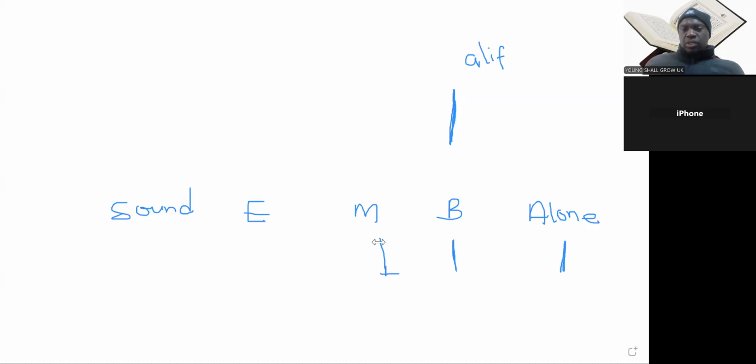To join the Alif. So we are going to see it still like one, but this small thing here means the joining letter. That means one letter is coming to join Alif. So we are going to see it like this. You can see it stops here.